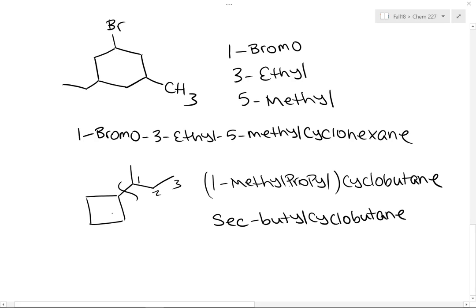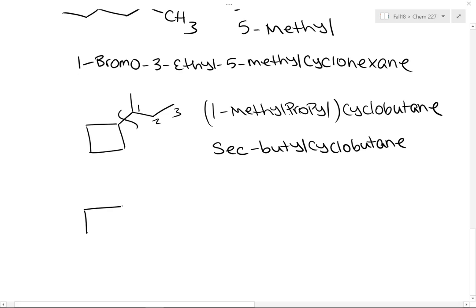If I had another substituent, if I had, for example, the bromo somewhere on here, actually let's go ahead and do that. So I'm just going to do the same substituent there, and then I'm going to put a bromo here. Okay, the bromo is going to be 1, and then the complex substituent is going to be 3, because no matter which way I start numbering, they're going to be 1, 3.